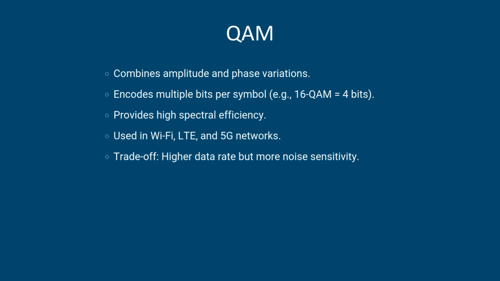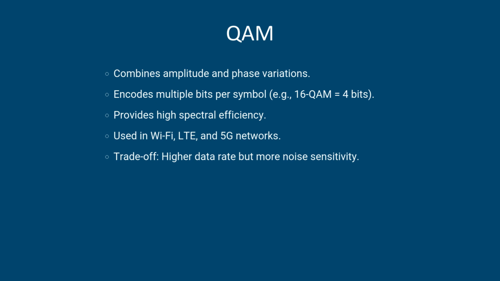For example, 16 QAM can transmit 4 bits per symbol, and 64 QAM can transmit 6 bits per symbol. This increases data transmission rate significantly.